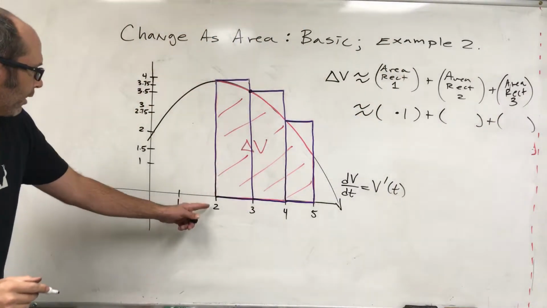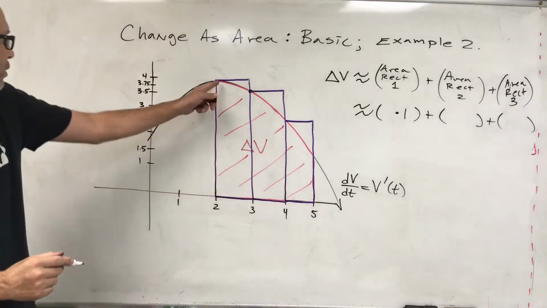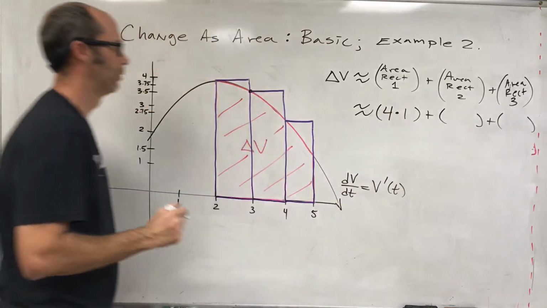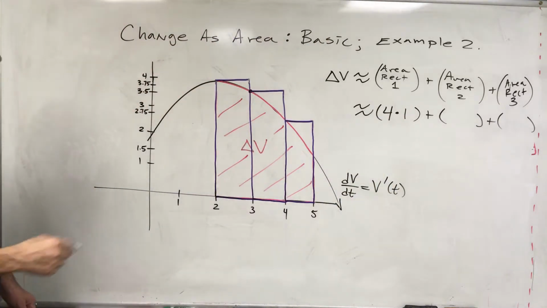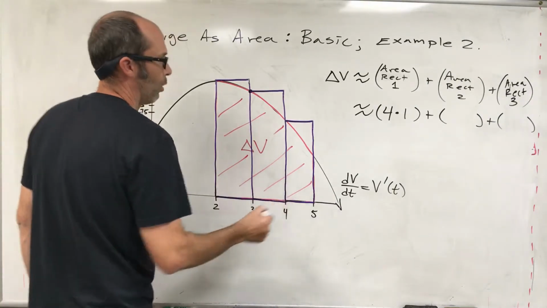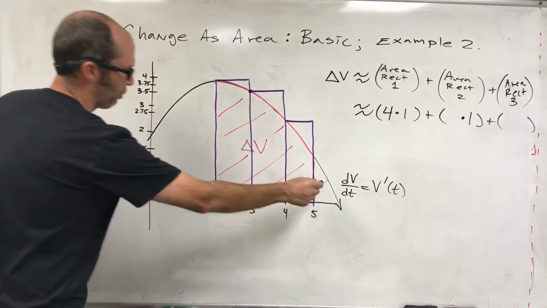What is my length? My length is v prime of 2. V prime of 2 is 4. So 4 times 1 there. The area of rectangle 2 is a 1 for my width. What's my length? V prime of 3.